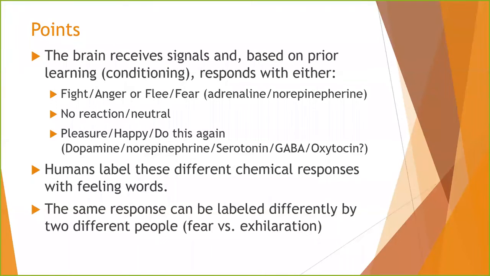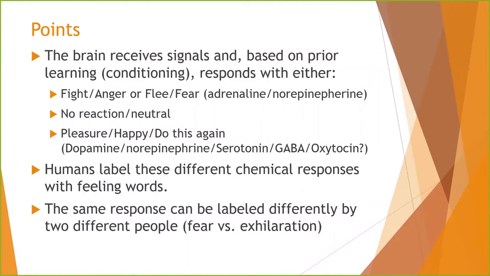The brain receives signals and, based upon prior learning, which is called conditioning, responds with either fight or anger, flee or fear, because of a surge of adrenaline and norepinephrine. Both fight and flee are brought on by a surge of adrenaline and norepinephrine.